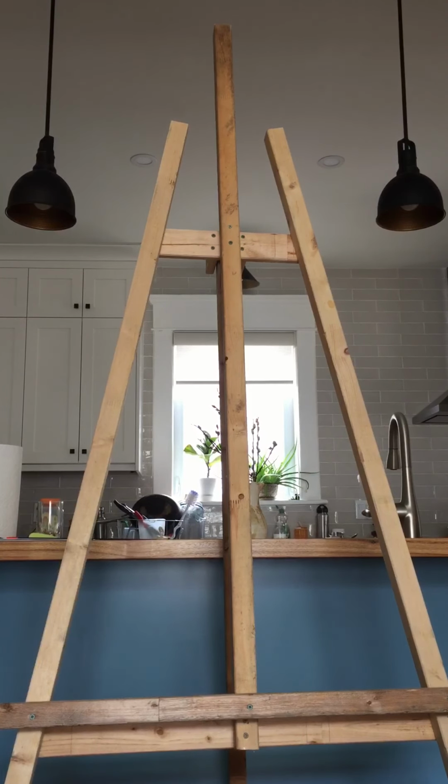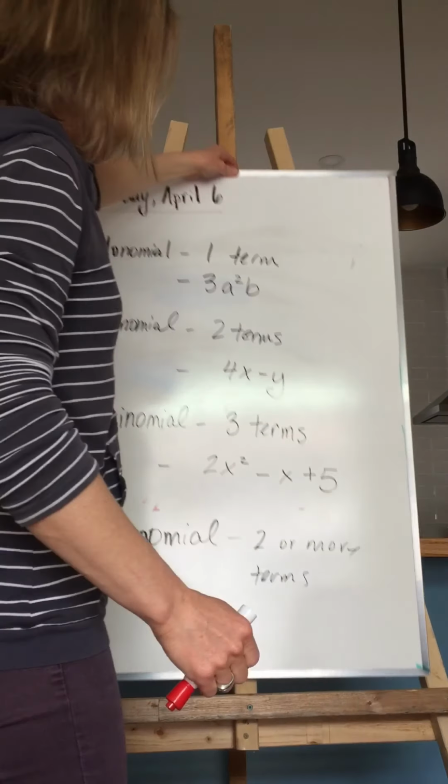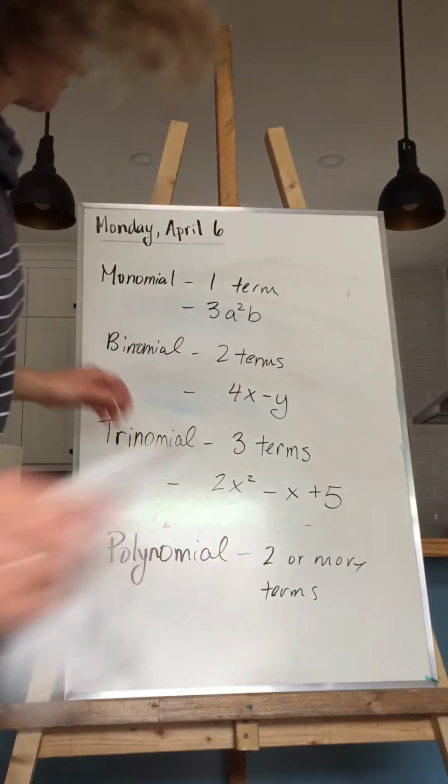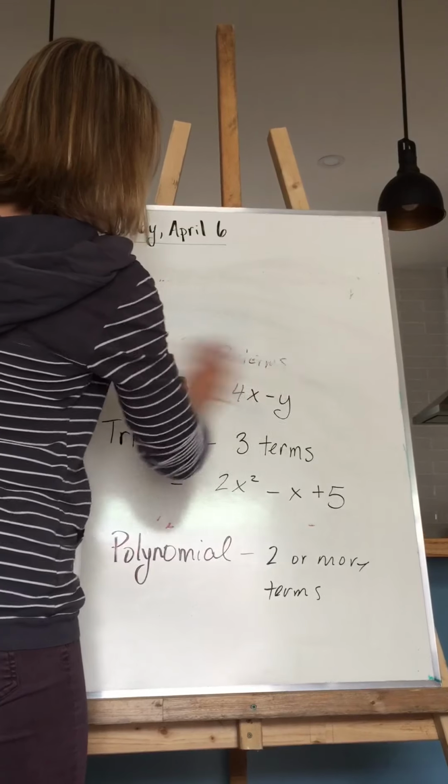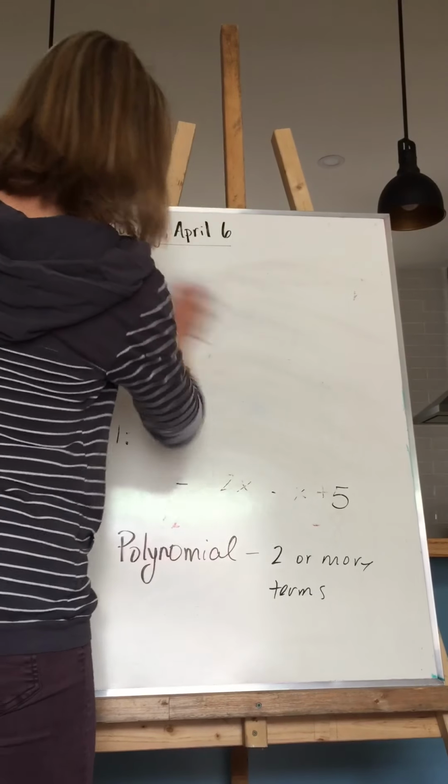I'm going to put one last one up. It is a more complicated one, but it's a good one to try and make sure that you really get what's going on here.